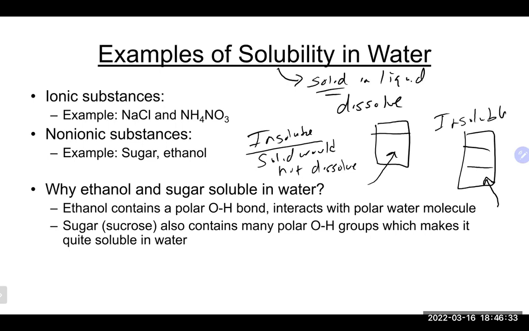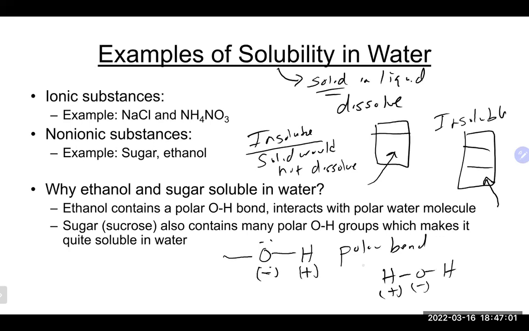It has a lot to do with what those guys have on them. They both have basically the same bond. They have an OH bond, which if you remember from bonding is a polar bond, which means that the oxygen is more negative here and the hydrogen is more positive. And that works really well with water, which has the exact same bond.